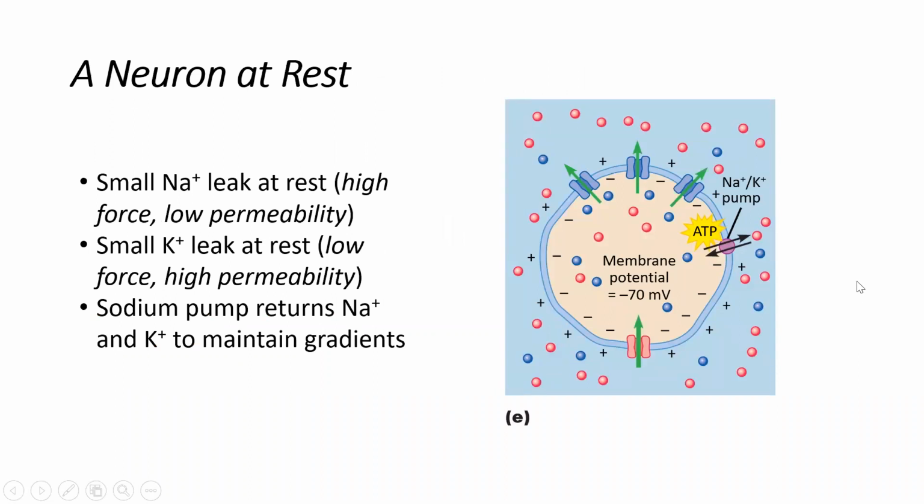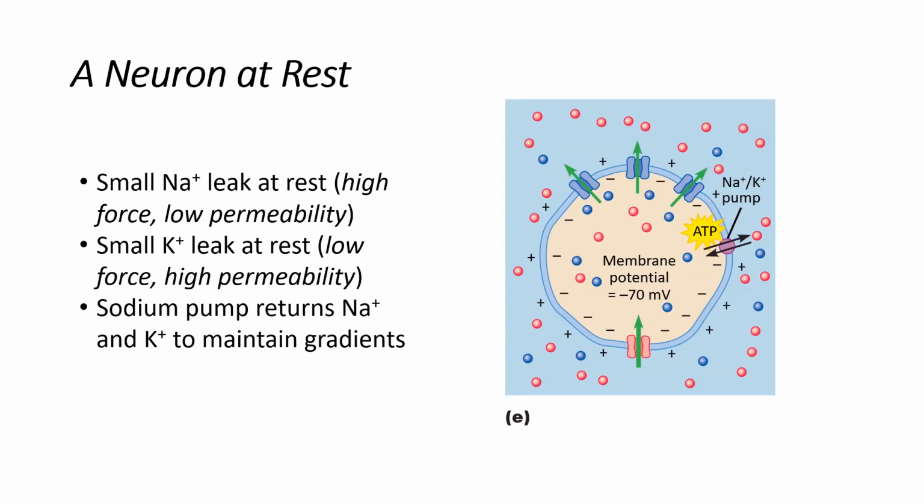Okay, so we now have a small amount of sodium leaking at rest because of the low permeability. And then we have a small amount of potassium leaking at rest because of the high permeability. And we've also got the sodium potassium pump just kind of keeping things maintained at that level, right?